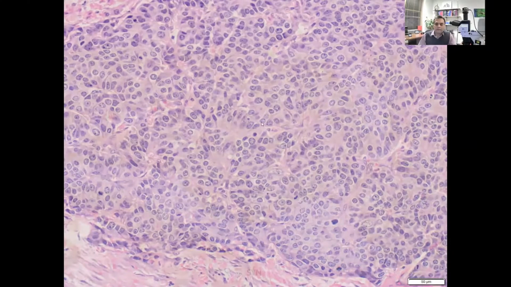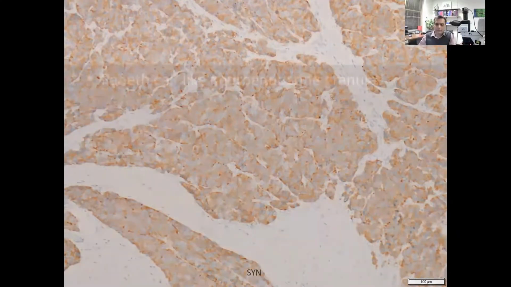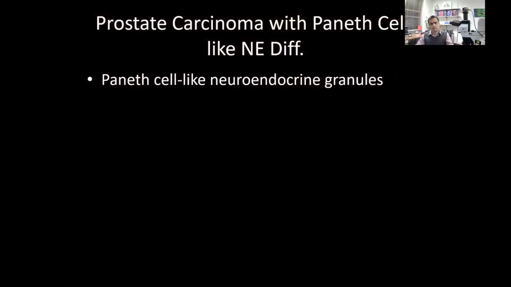And in this case, if you do a synaptophysin immunostain, you will see a strong and diffuse positivity. So this shows that despite the fact that it does not have classic morphology like a small cell cancer of the lung, this is a transdifferentiating form of small cell cancer where the acinar cells are actually acquiring a neuroendocrine phenotype, and it will essentially behave like a small cell carcinoma. So this will be diagnosed as small cell carcinoma.